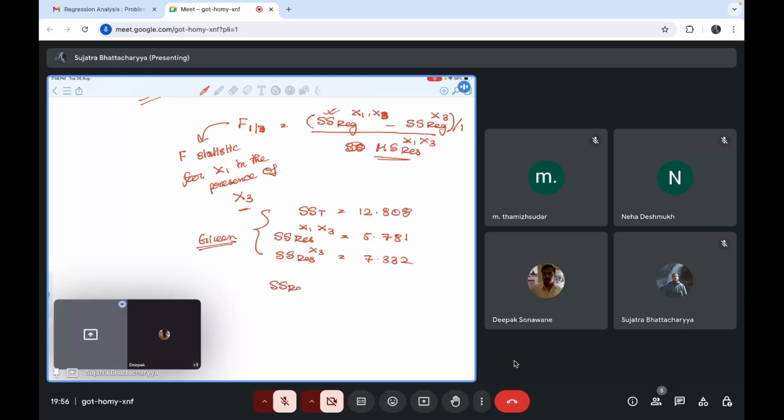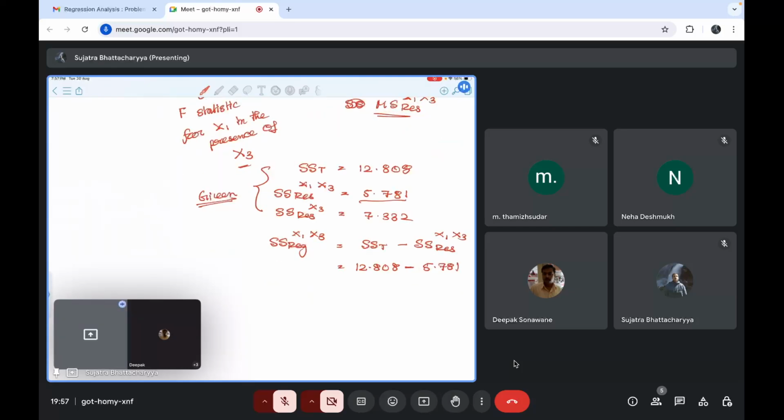So SS regression for x1, x3, which is required for this, will be SS total minus SS residual. Remember the formula? SS total is known, and SS residual is also known. In this way we can calculate SS regression, which I think is 7.027.